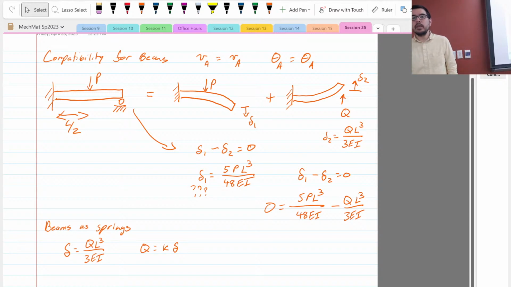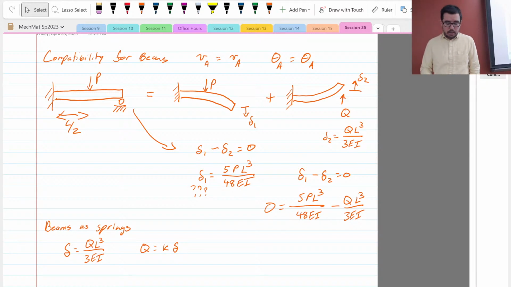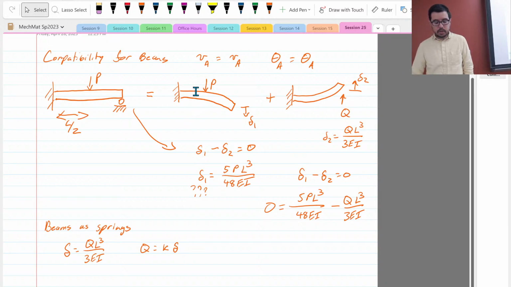All right. So using superposition with these different configurations, and superposing them, allows us to solve for an unknown reaction, a redundant reaction. So Q right here, that's a redundant reaction.